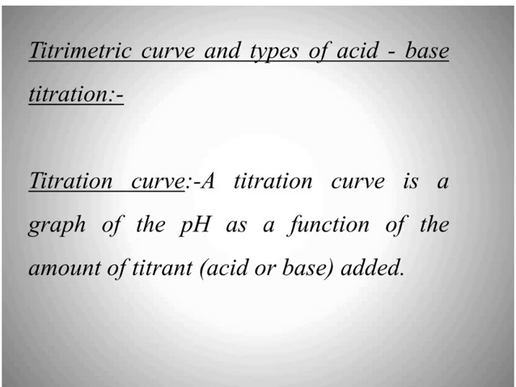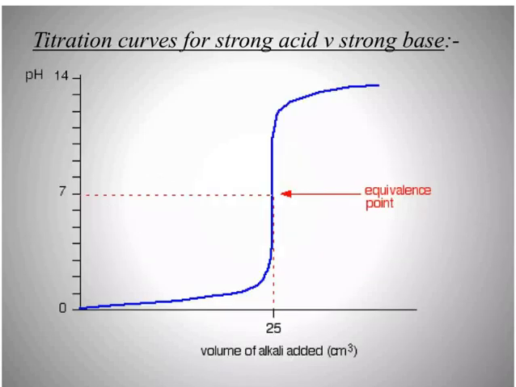Now, titrimetric curve and types of acid-base titration. What is a titration curve? A titration curve is a graph of pH as a function of the amount of titrant, acid or base, added. So look at here, this is the titration curve for a strong acid versus strong base. You can see here the equivalence point.